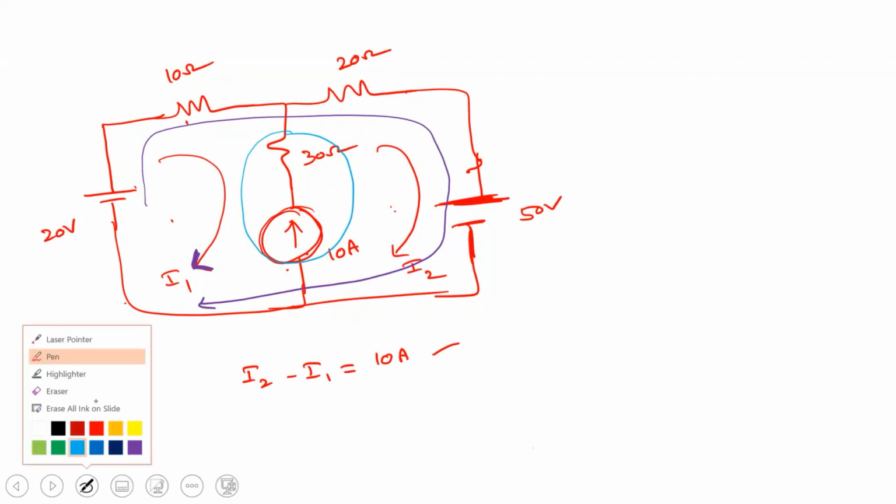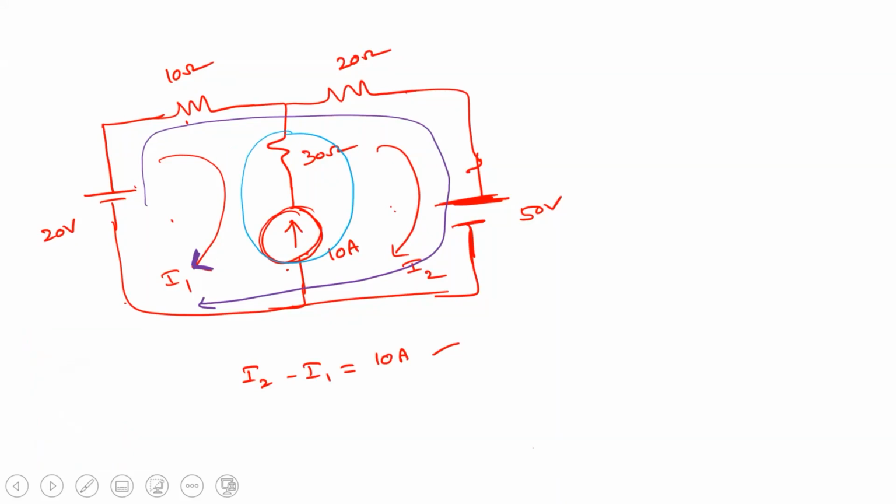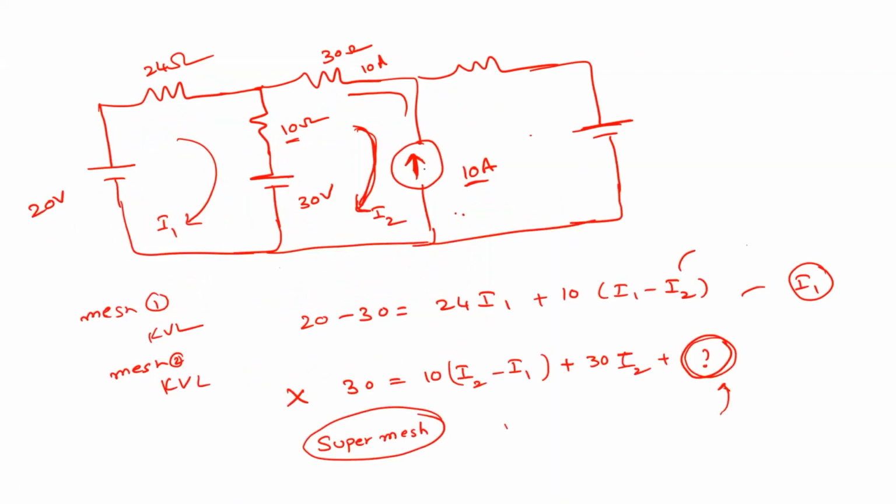So now we'll try to write the equations. Sir, to recognize the super mesh, we only need to find the common current source. Yes, if you have a common current source, that is enough to identify a super mesh. In the previous example, this current source is there, but it is not common.